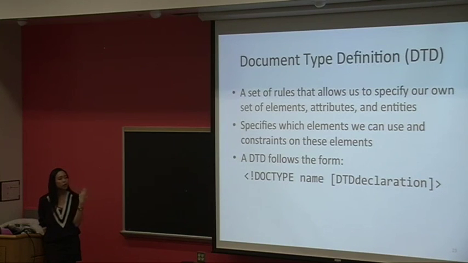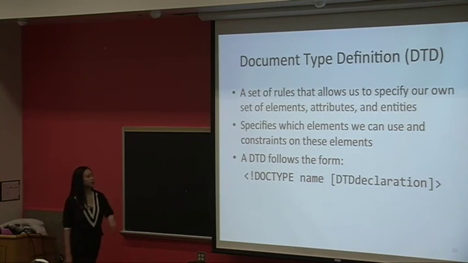How do you know when you write a program that it's following certain rules, whether it's valid or not? You can't just put whatever you want. You have to start with a DTD file, saying these are the allowed elements in my document. And for each kind of element, the values may have certain rules. Maybe it has to be a string, maybe it has to follow a certain format. That's what the DTD does.